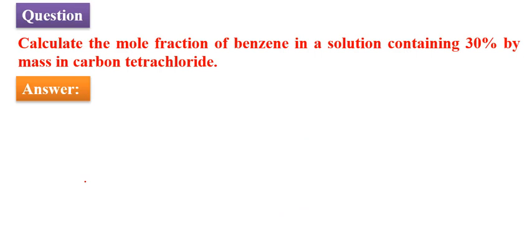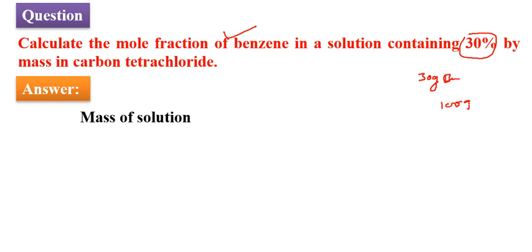Next, last question. Calculate the mole fraction of benzene in a solution containing 30% by mass in carbon tetrachloride. Mole fraction of benzene we have to calculate. What is this? 30% by mass in carbon tetrachloride. That means simply 30 gram of benzene is present in the 100 gram of solution.